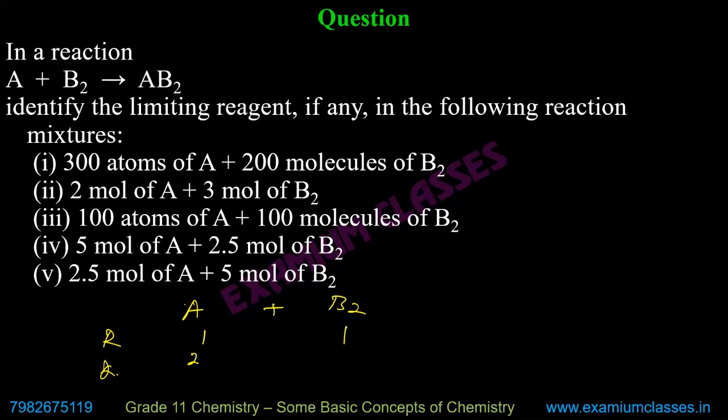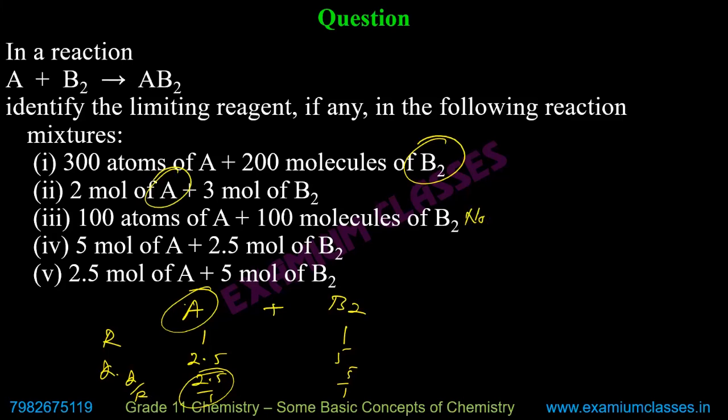In the question, 2.5 and 5, Q by R is 2.5 by 1 and 5 by 1. This is less. A is the limiting reagent. So in this case B2, in this case A, in this case none, then B2, then A. That is the answer, correct.